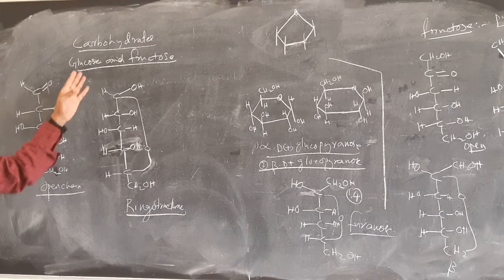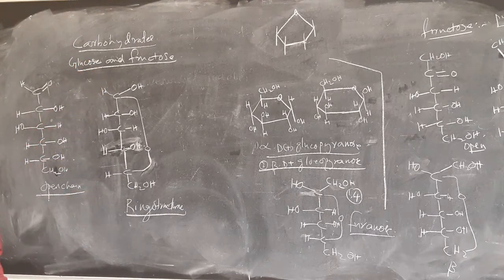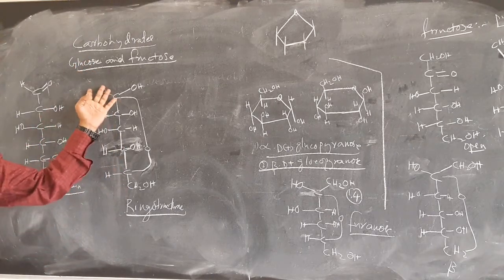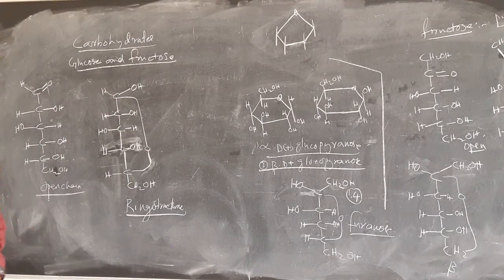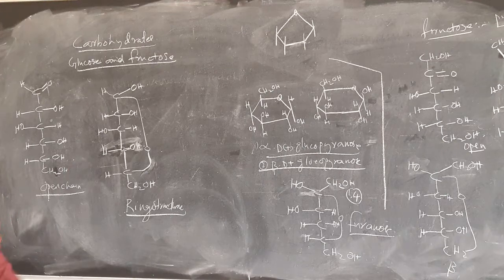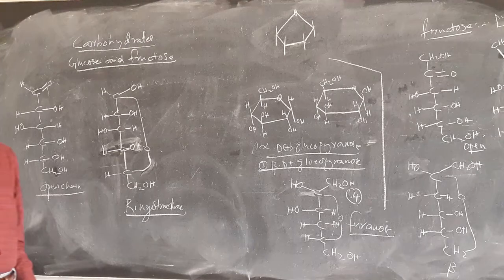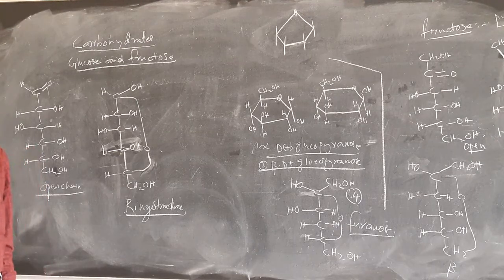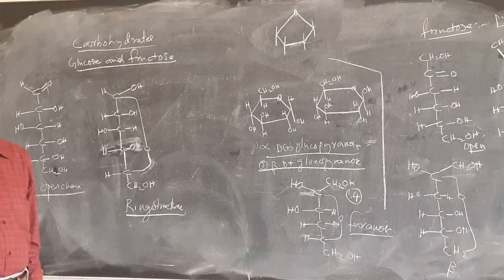I am continuing the chapter Carbohydrates, in which we are discussing the different structures of glucose and fructose before going to disaccharides. As you know, glucose and fructose molecules combine together to form a sucrose molecule. One glucose molecule and one fructose molecule.